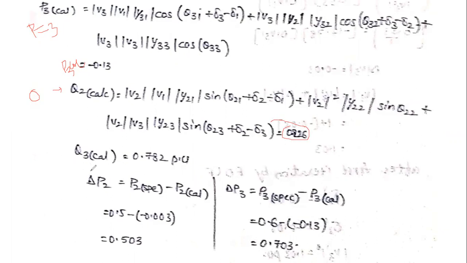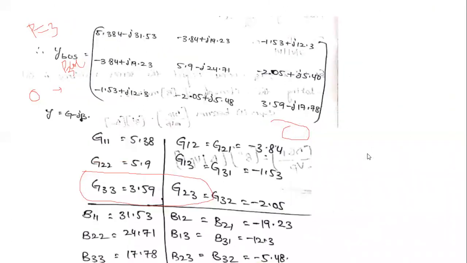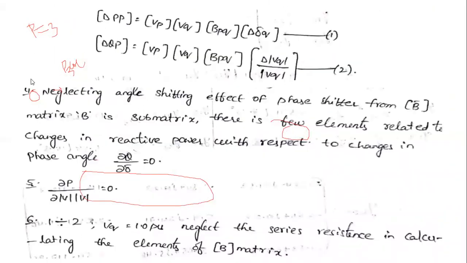Next, we are well known about this formula, that is delta P2. Delta P2 equal to P2 specified minus P2 calculated. What is the specified value? That will be given in the question.